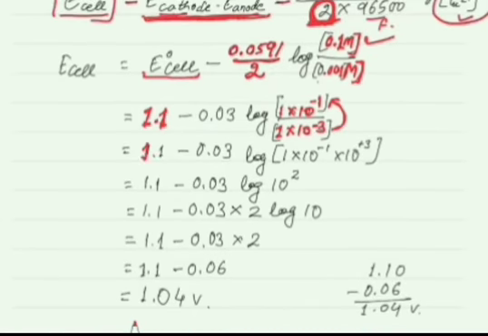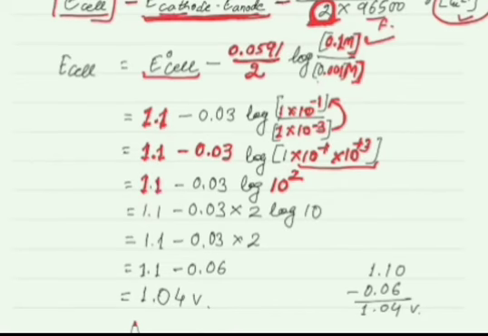Further solve this question, the standard EMF remains the same, that is 1.1 volt, then 0.03, and then log 1 into 10 inverse 1 into 10 plus 3. Now this becomes 10 plus 3. So overall resultant, it will become 10 raised to the power 2, and the remaining things remain the same.